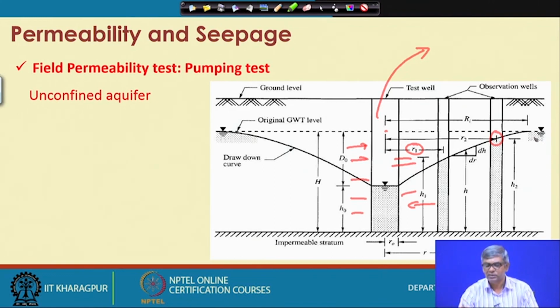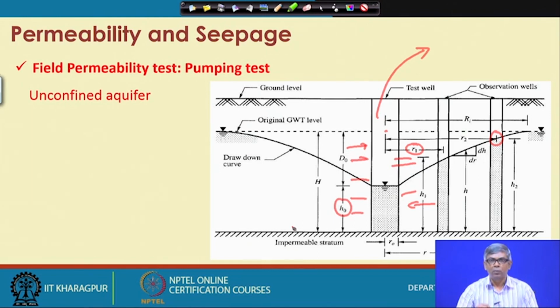That distance is called the radius of influence, meaning the distance up to which the pumping has no effect. Also, h is the height of water from the impervious layer, and at a particular time the water level in the well is h naught. These are the things to be observed.